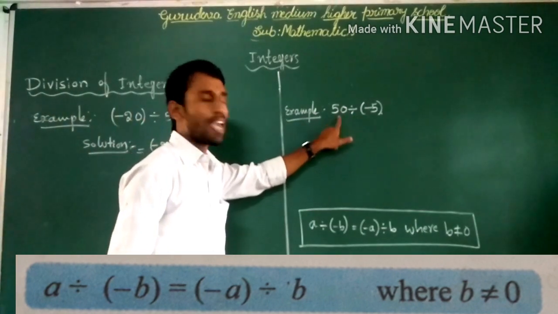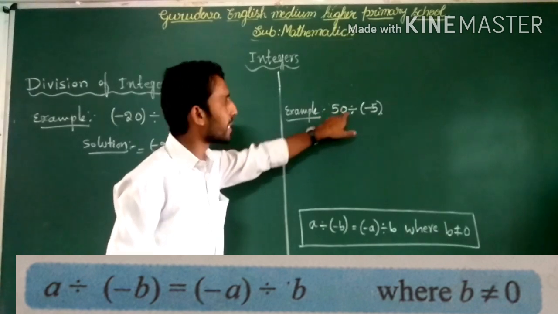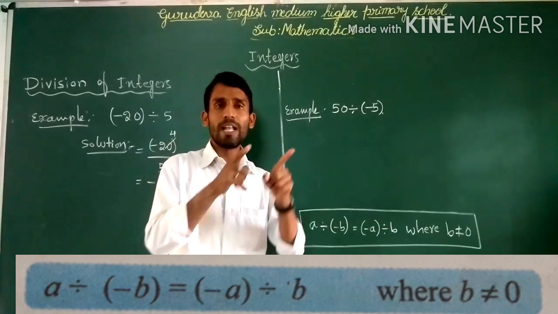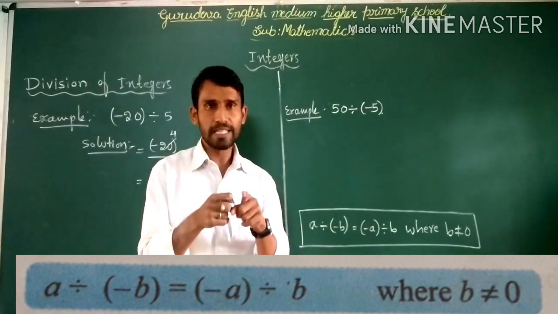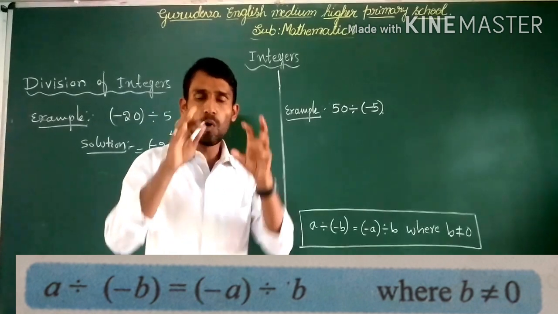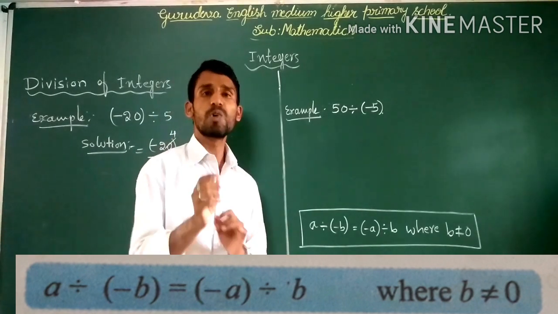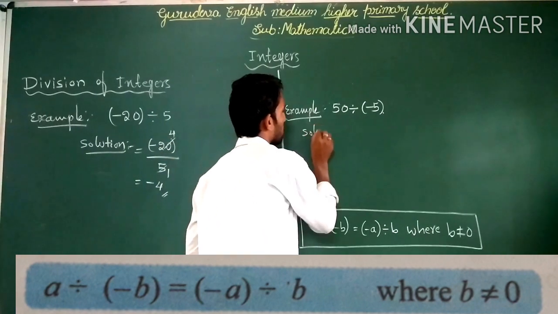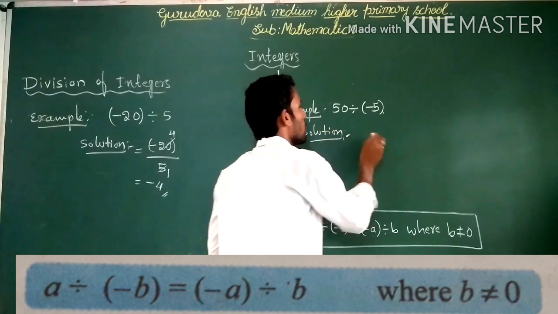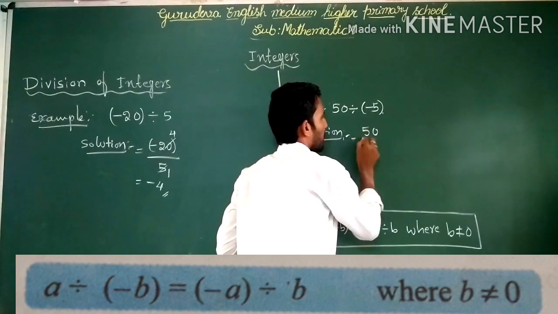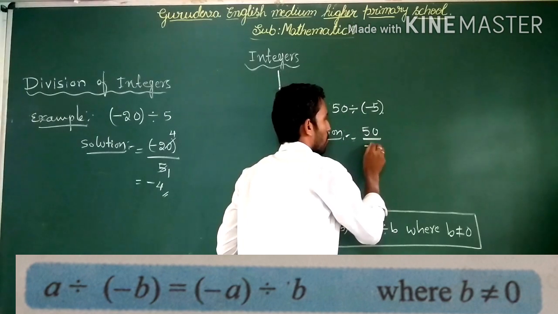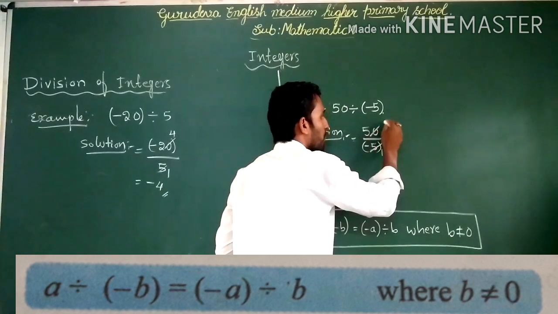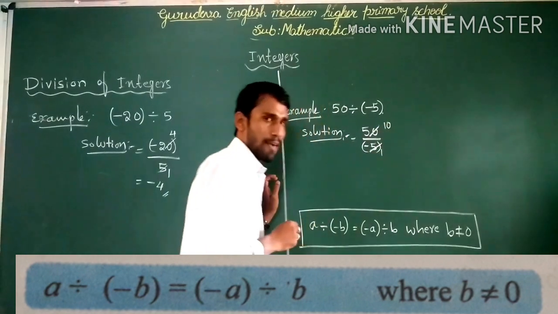In this example, one is a positive integer and the other is a negative integer. Here also, when dividing a positive integer by a negative integer, we divide the whole numbers first. After that, we put the negative sign before the quotient. Solution: 50 divided by minus 5. 5 ones are 5, 5 tens are 50.